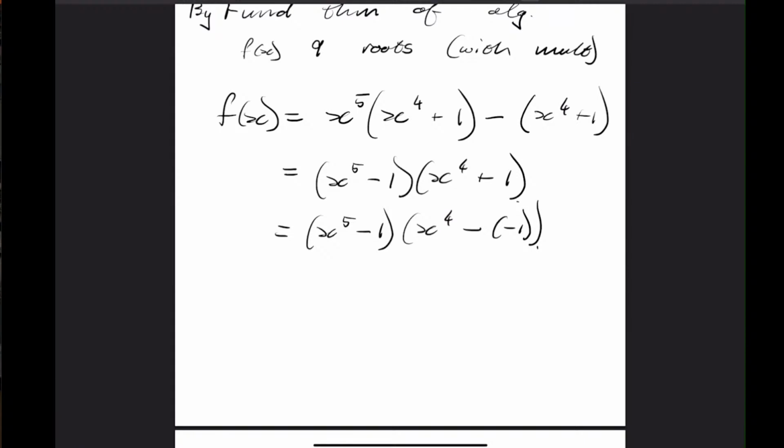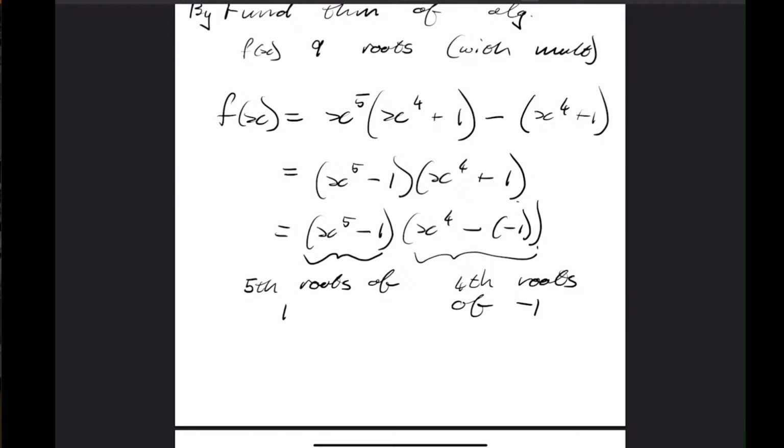In this case, all the roots that correspond to that factor are all the fifth roots of 1, and that factor, those are all the fourth roots of minus 1. Okay, and we know how to compute the nth roots of complex numbers.